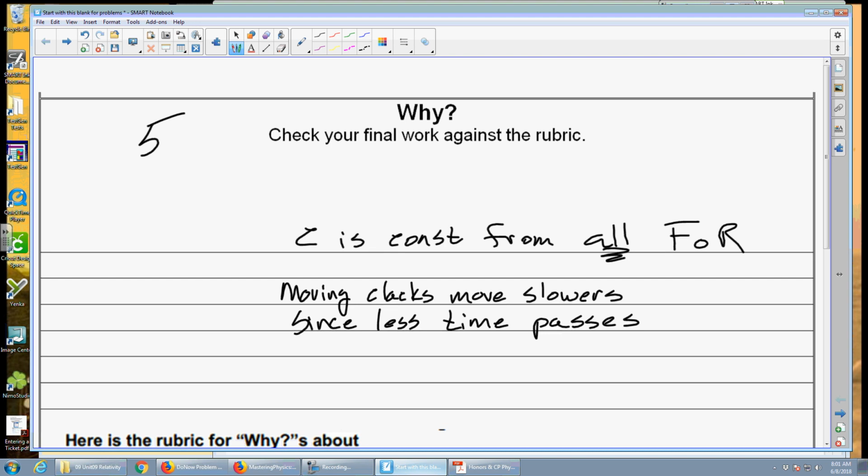Right? And then you want to tie it to this problem. So more time passes for the observer.